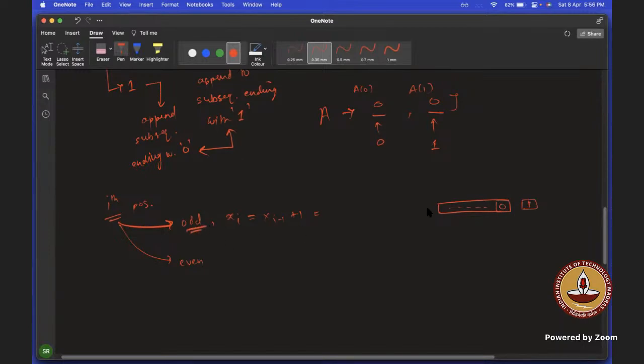That is odd, because 1 is odd. Sorry, this represents i equals to 1, and this represents i equals to 0. So we consider all those subsequences that were ending with 0.